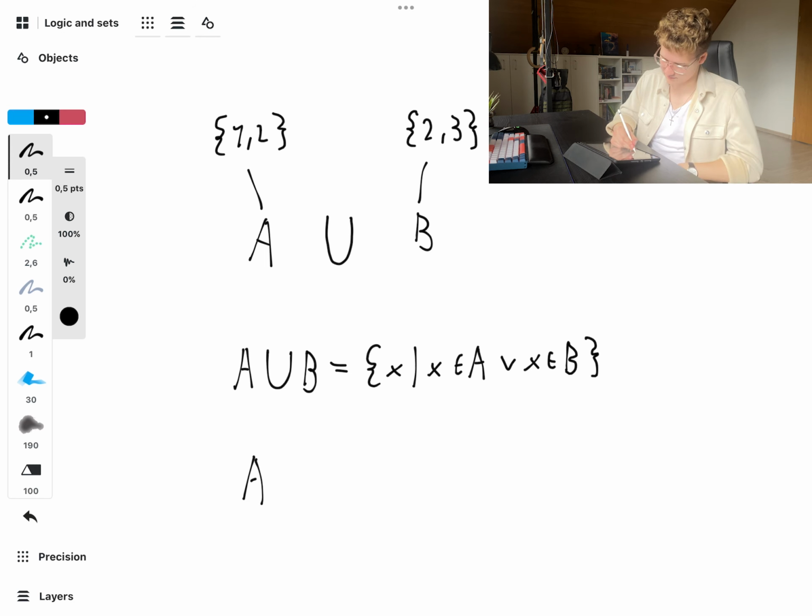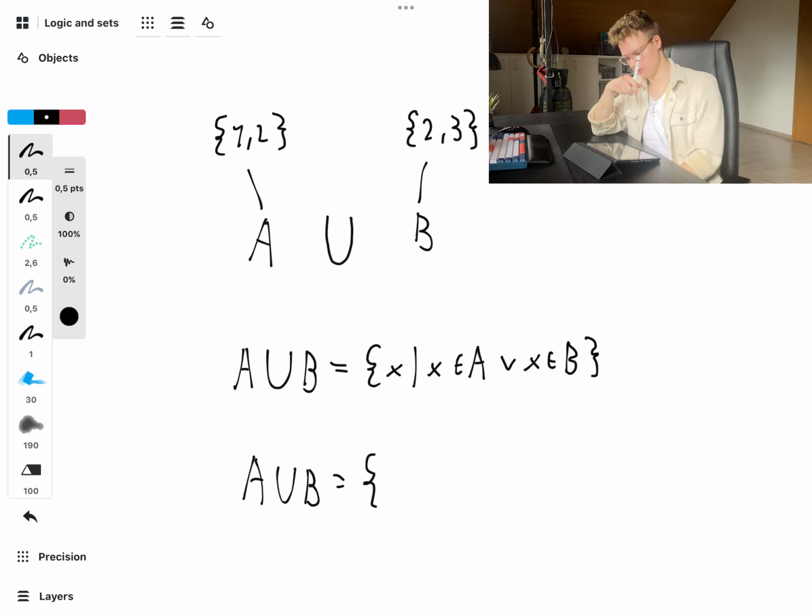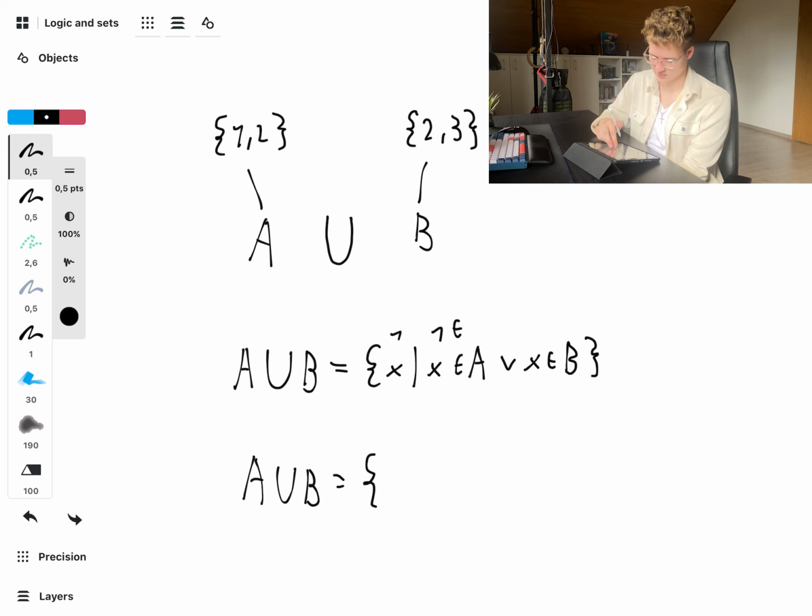So let's write it. A union B would then be 1, because 1 belongs to A. So that's good, we have 1. Next we have 2. 2 also belongs to A. It also belongs to B, but it doesn't really matter, because it would be true in either case. So 2. 3.